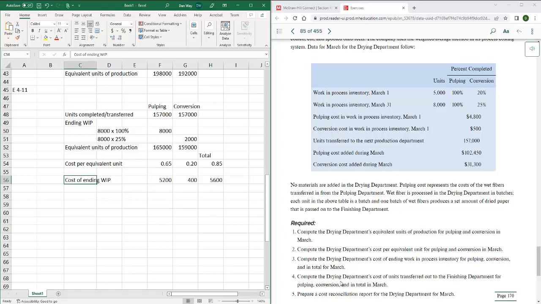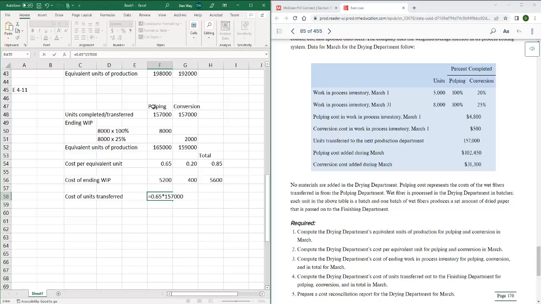Okay, next up it said compute the drawing department's cost of units transferred out to the finishing department for pulping, conversion, and in total. Not much to this one either beyond what we've already done. We already know the cost per equivalent unit, 65 cents, times the units completed and transferred.